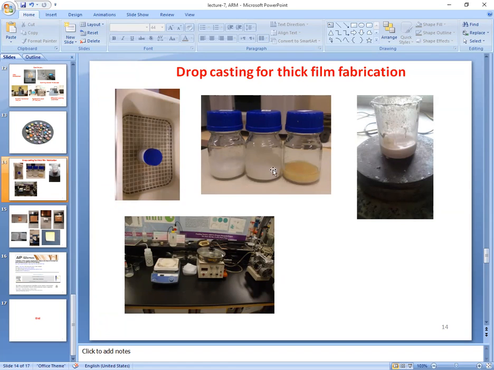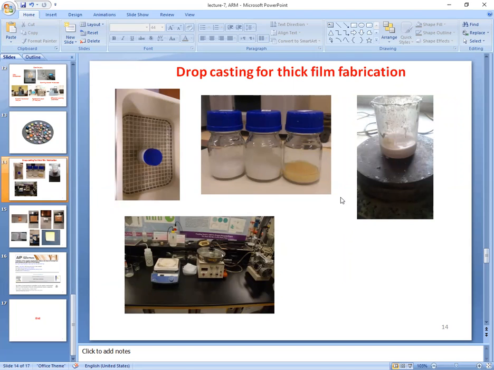So what is it? Basically, we have to mix the ceramic powder in the polymer. First of all, the polymer is mixed in a solvent like DMF. We have mixed polymers like PVDF or PVC, polyvinyl chloride, and PVDF.